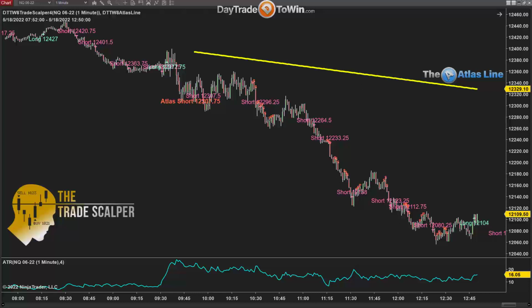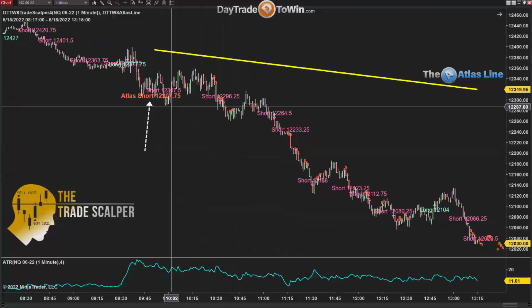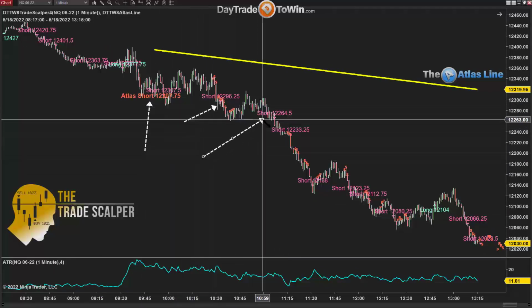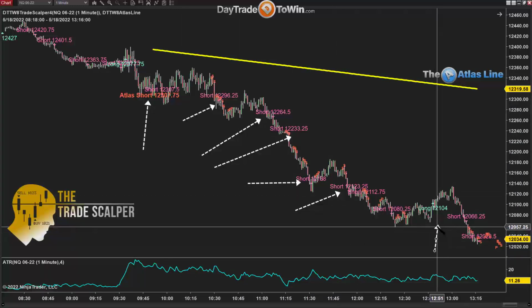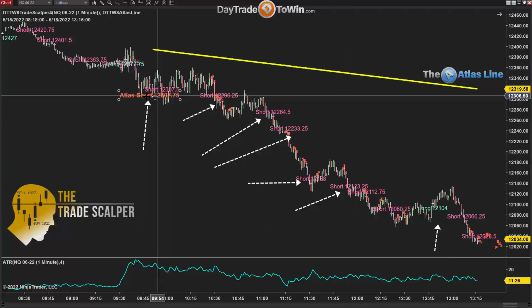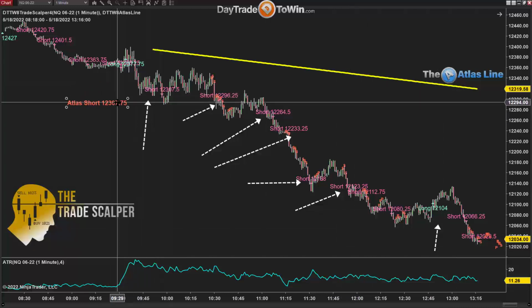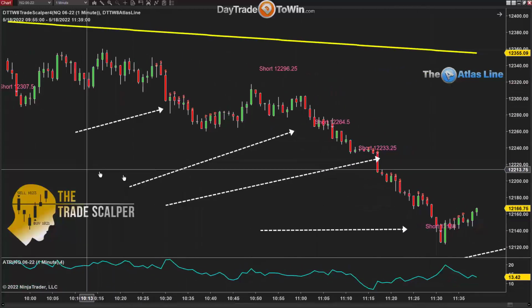So what we have here on the NASDAQ is the market just continuing to go lower and lower, and the short signal started off, and then you can see there's no longs at all on the trade scalper until about 12:45 New York time. So how many? We have Atlas line gave one main signal, and then I'll expand it out.